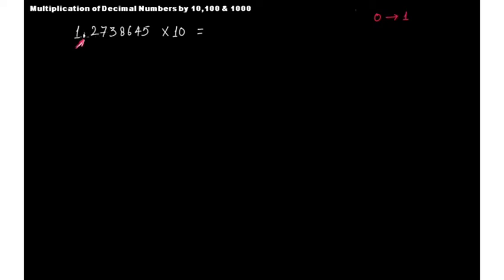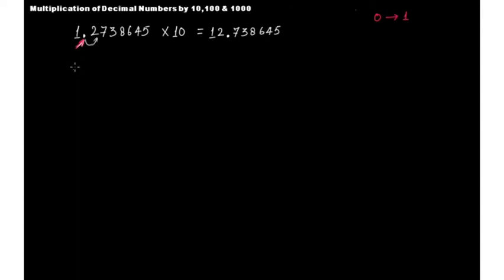If you move this decimal point one time towards the right, it will come after 2. So your answer will be 12 point, because it will jump one time towards the right and come after this 2. So 12.738645.